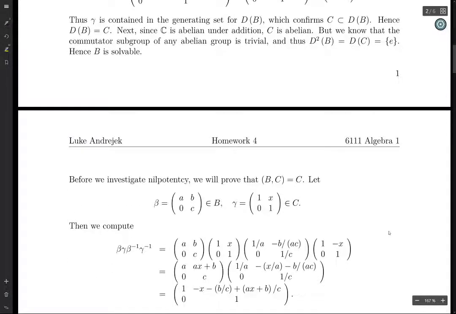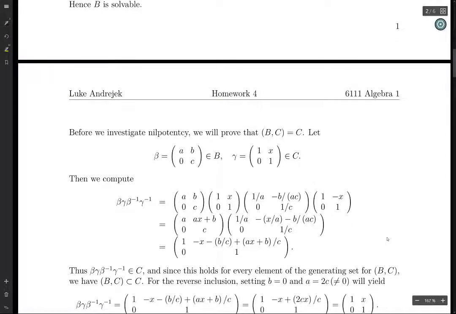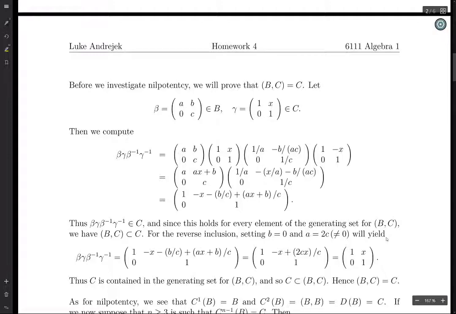Alright, so now as for nilpotency, let's take the commutator of B and C, and we want to prove that's equal to C. So take any element beta in B and gamma in C, and then you just do some computations. It's not hard.